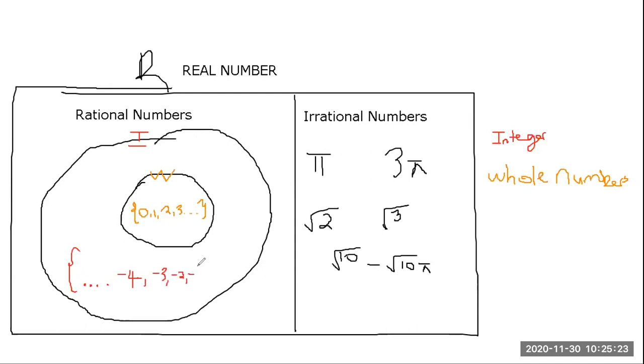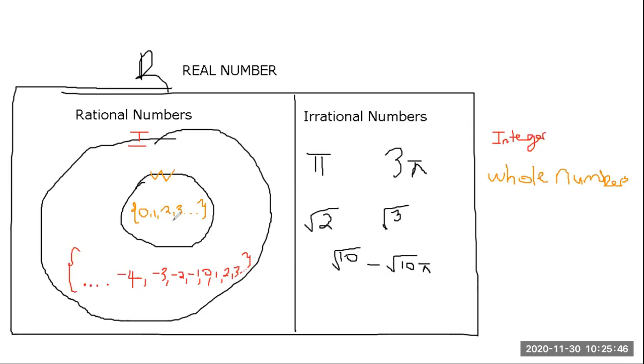So all the negative numbers, 0, all the positive numbers. Some integers are whole numbers. I just want you to see how all of this can overlap.